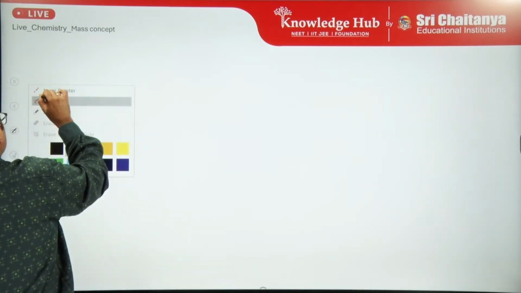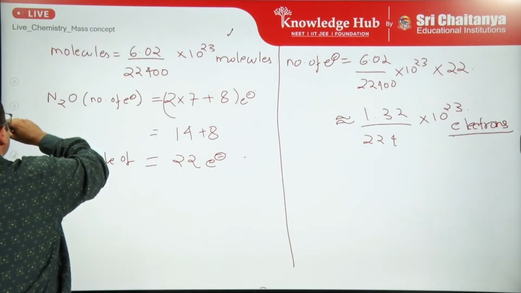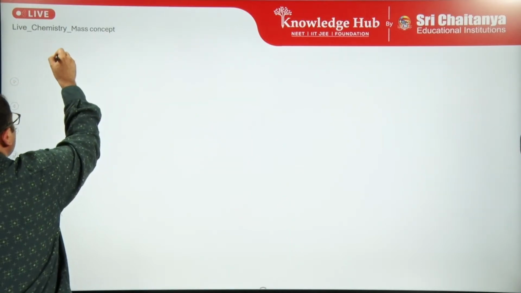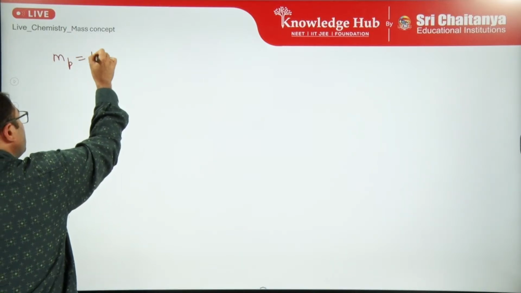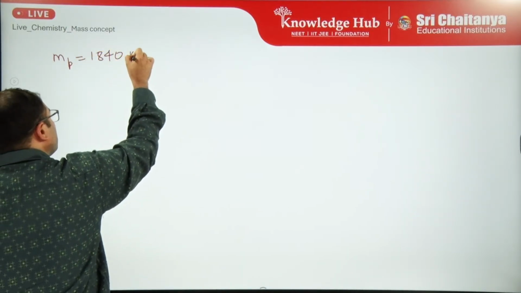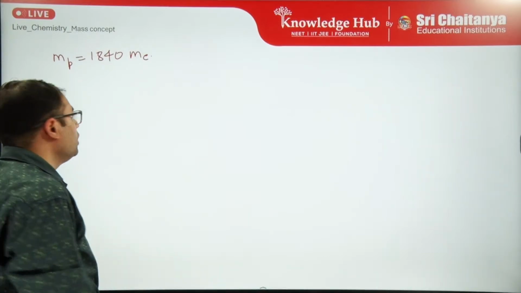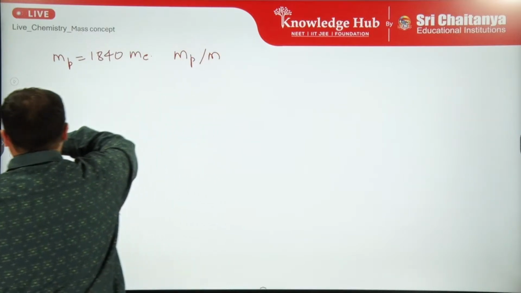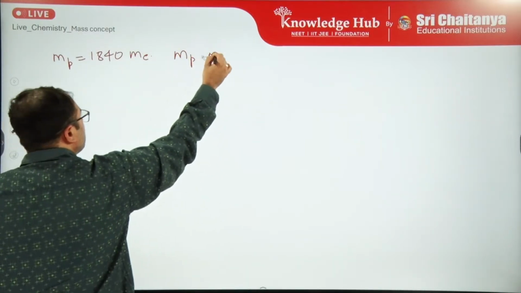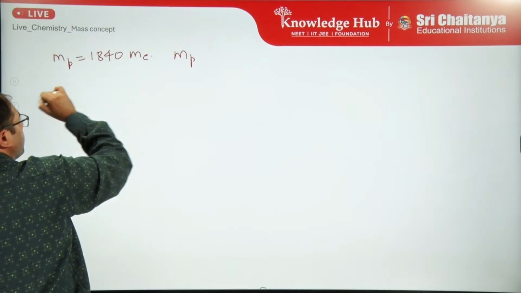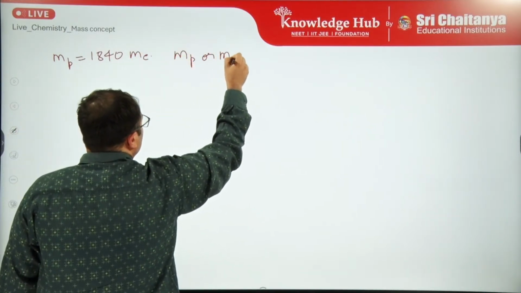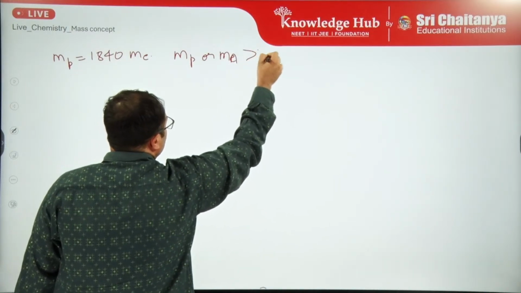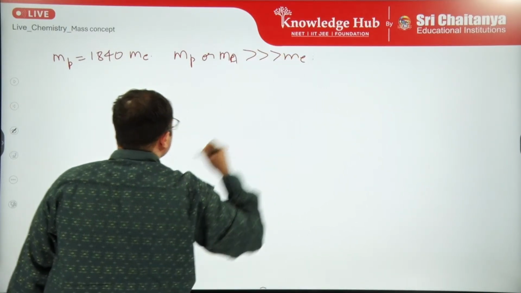So what we have understood till now is that mass of proton is 1840 times mass of electron, right. And I have told you mass of proton or mass of neutron is very, very large than mass of electron.